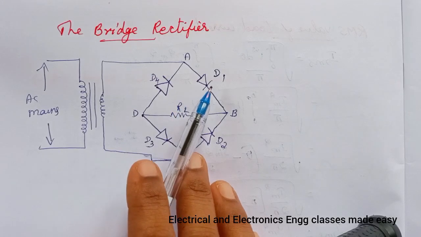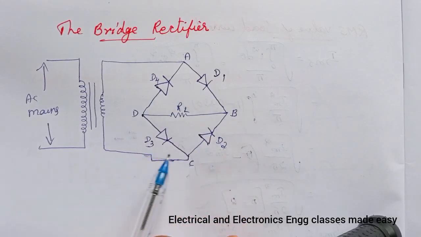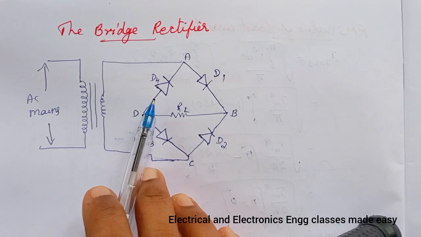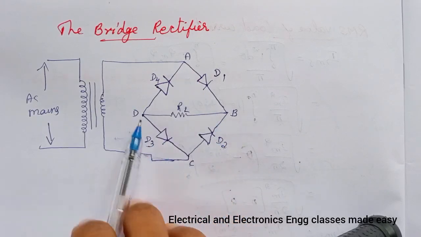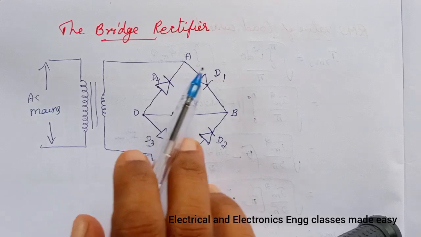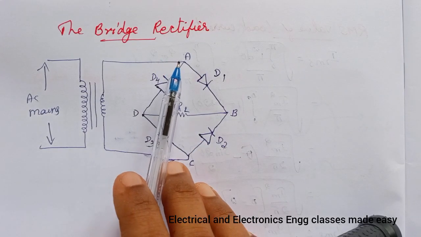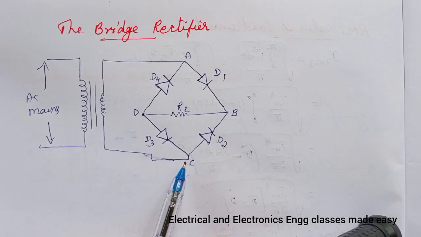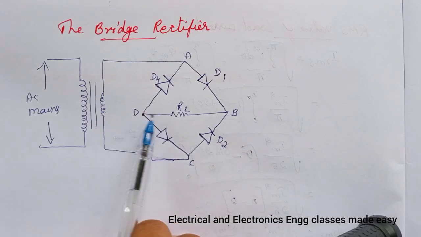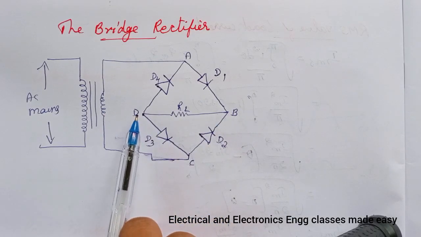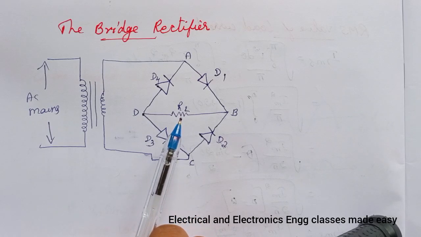It consists of 4 diodes D1, D2, D3 and D4 connected in the form of a bridge A, B, C, D. The 2 points A and C of the network are connected to the secondary coil, and the other 2 points B and D are connected to the load resistor RL.